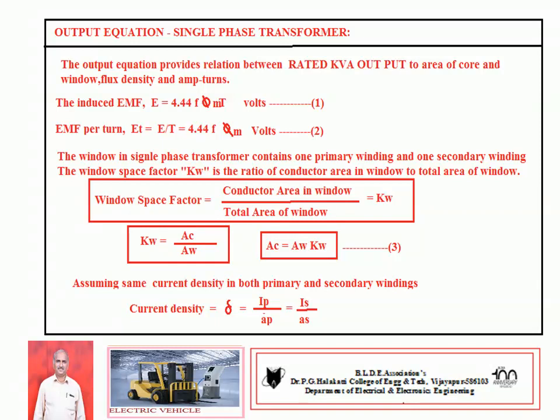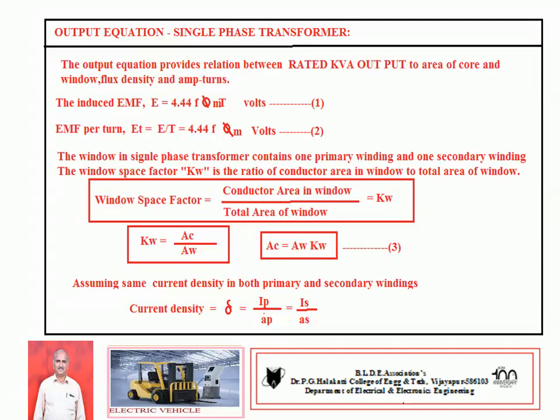Then I need EMF per turn, that means volts per turn, that is EMF divided by number of turns, E by T. Hence, T and T cancel, and the expression becomes 4.44 times F phi m. Call this equation number 2.